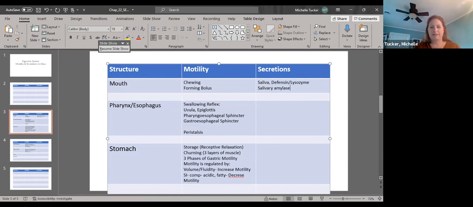For the pharynx and the esophagus, not too much of a contribution. Mucus is the primary one.